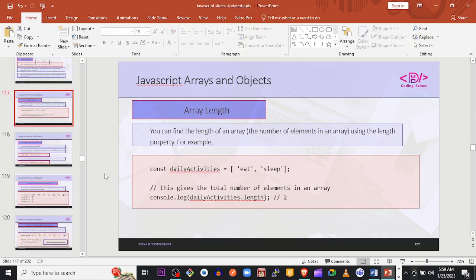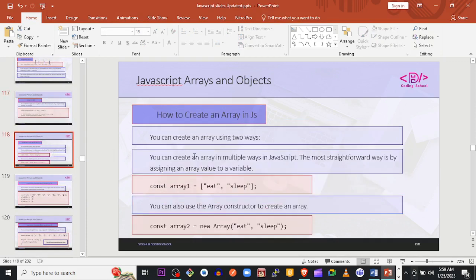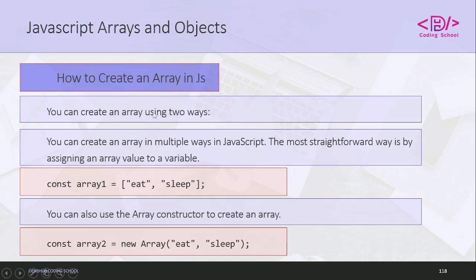Okay, so we have seen about the length of an array, so let's move on. So how do we create an array in the first place? We have already created an array just to explain the length, but really there are a number of ways to create arrays in JavaScript, but the most used ones are these two methods.